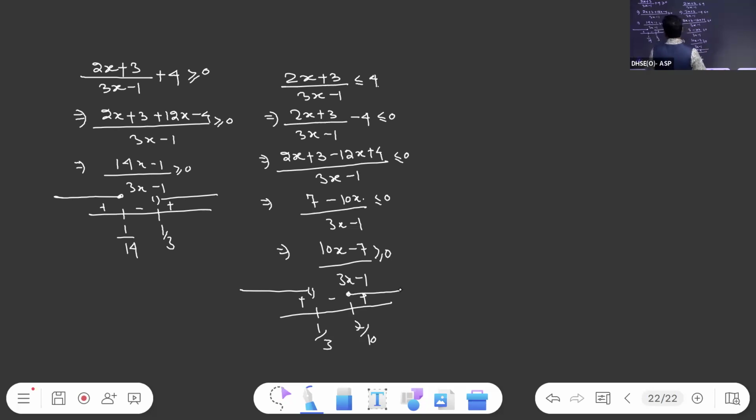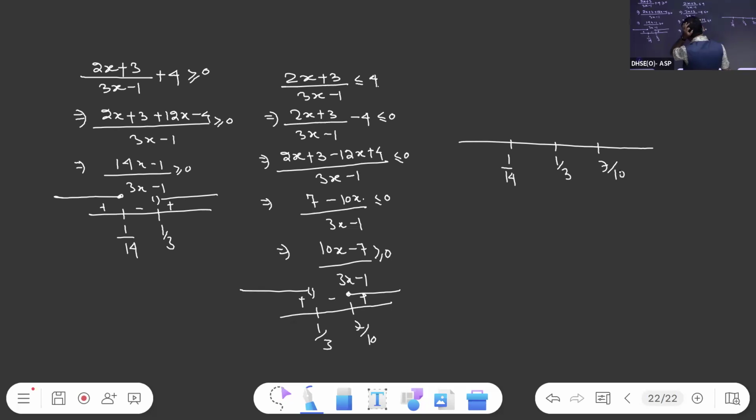Now we have to take the intersection of the two solutions. To find it, we mark all the critical points on one number line: 1/14, 1/3, then 7/10.